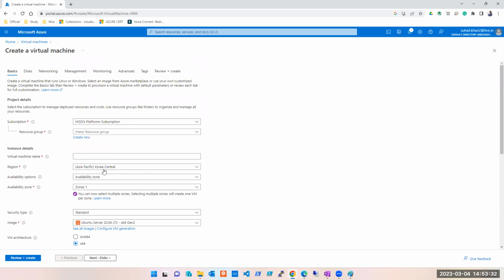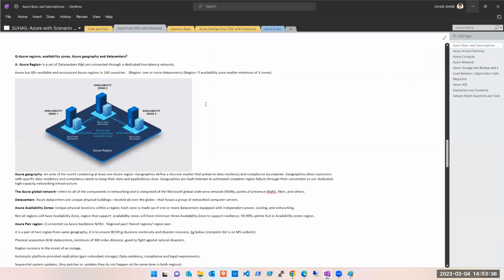Where can you see if an availability zone is there or not? That I'll show you when we come to this portal, I'll explain it to you. So don't worry about that. You don't have to remember that list. It is somewhere on the portal. With just a few clicks, you will come to know whether this region has an availability zone or it doesn't. Clear till here?